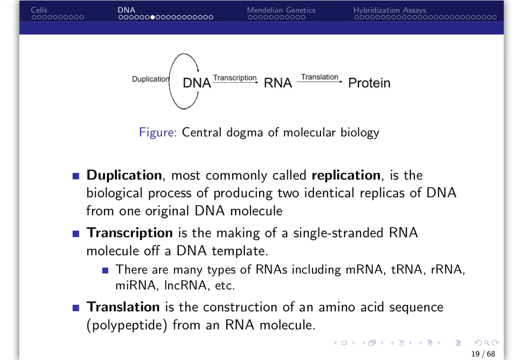There are many types of RNAs, including messenger RNA, transfer RNA, ribosomal RNA, microRNA, long non-coding RNA, etc. Translation is the construction of an amino acid sequence into a protein from an RNA molecule. Proteins are the molecules that carry out most of the biological functions.